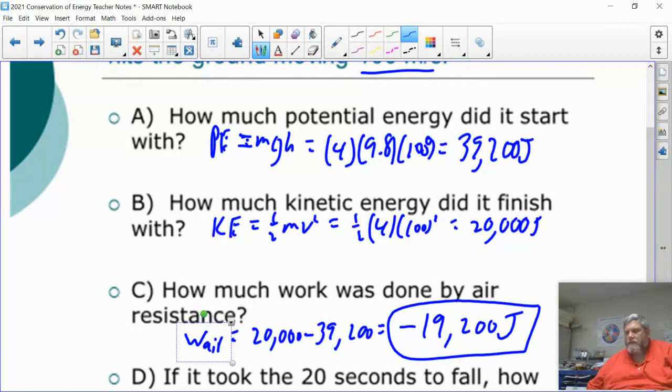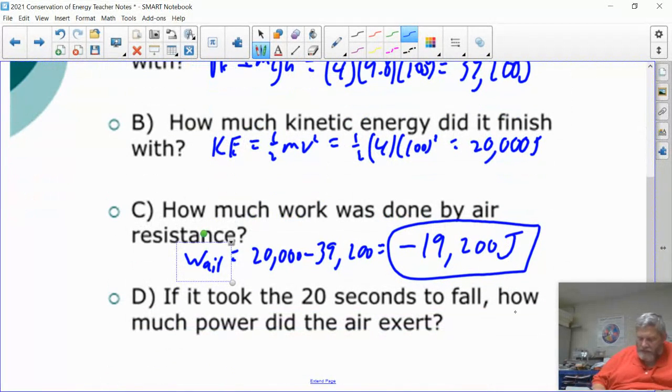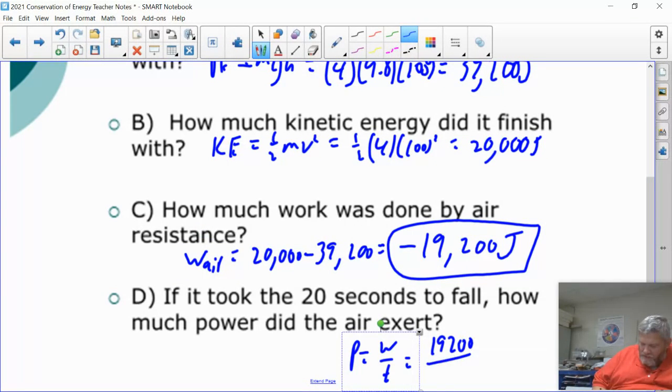And then if it took 20 seconds to fall, how much power did the air exert? So power is work over time. So we're just going to take the positive of this, 19,200 divided by 20. And that's 960 watts. All right, so the last one was just review of what we did earlier when we did work and power.